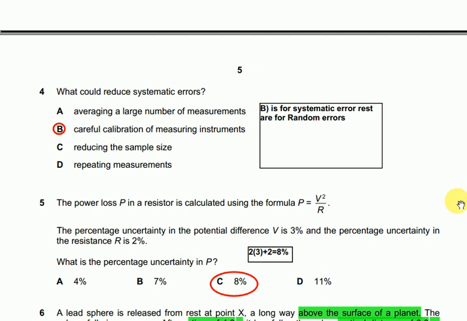So for finding the percentage uncertainty, we have to just use this formula, which is V square over R. For uncertainties, it will be 2 into percentage uncertainty of V plus percentage uncertainty of R. So it's 2 into 3 plus 2, which makes it 8%. So C is the required answer.